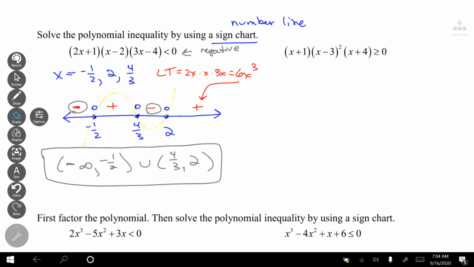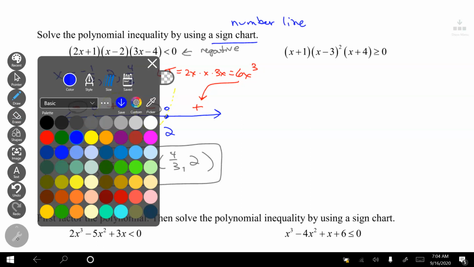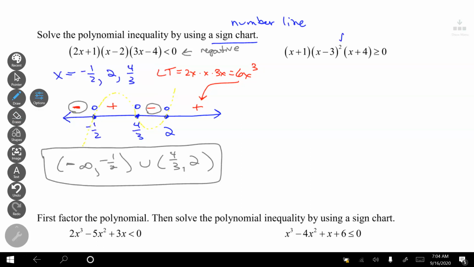Okay, the next one, it's a little bit different because look at what we have here. So my x-intercepts are negative 1, 3, and negative 4, but this one is special. This one is a bounce.